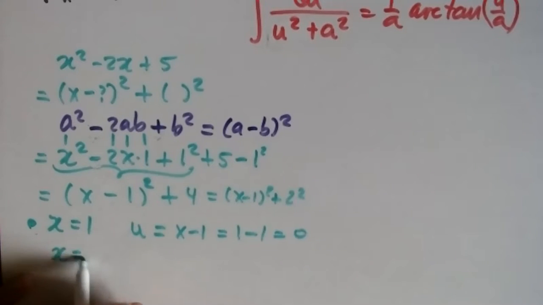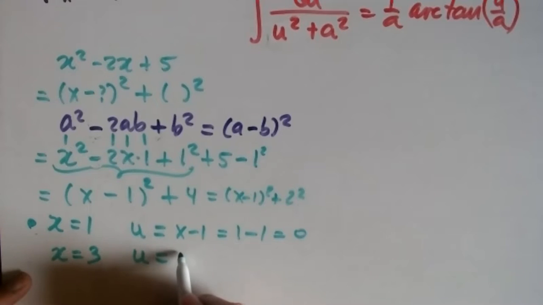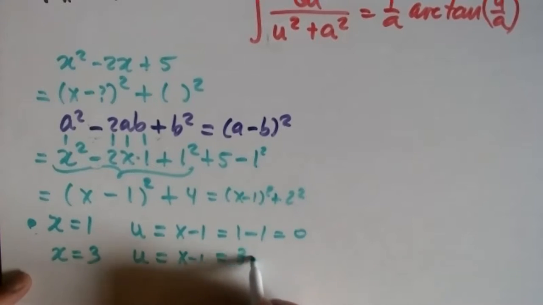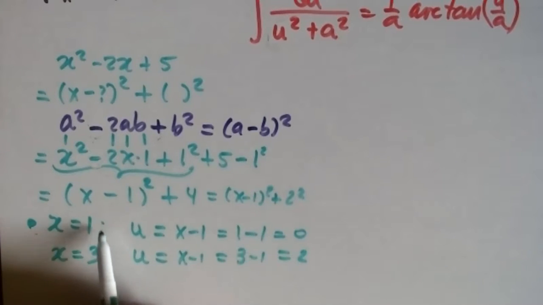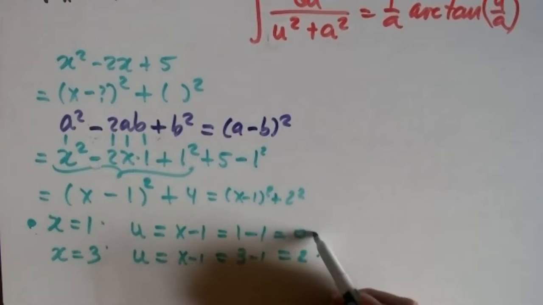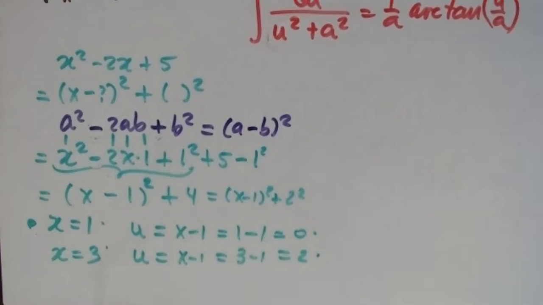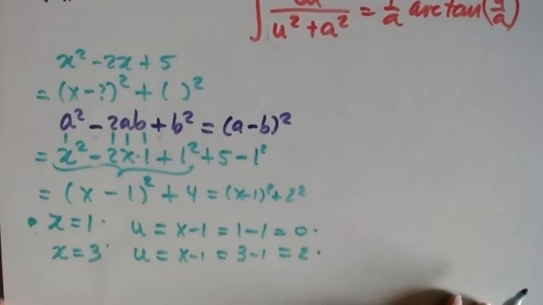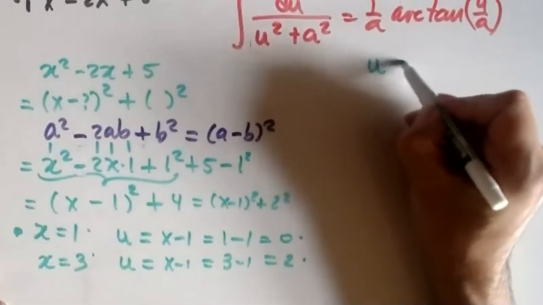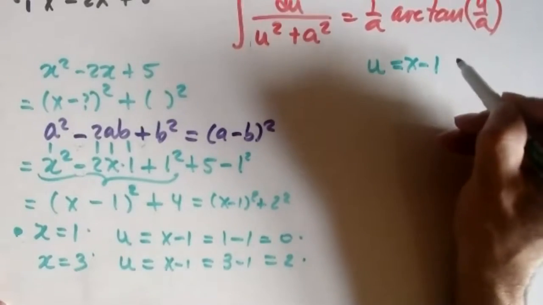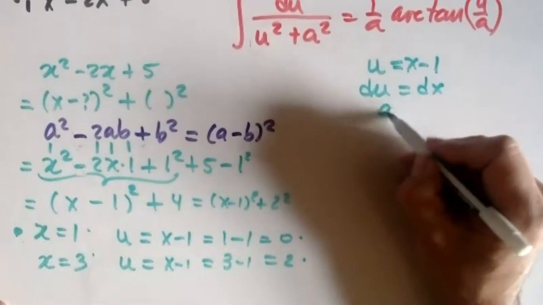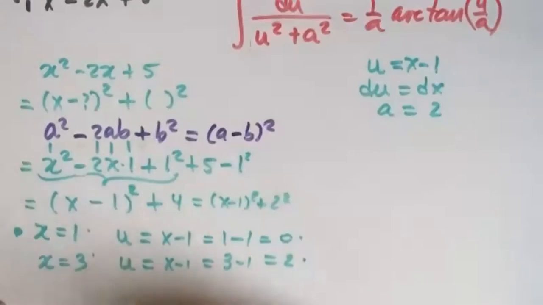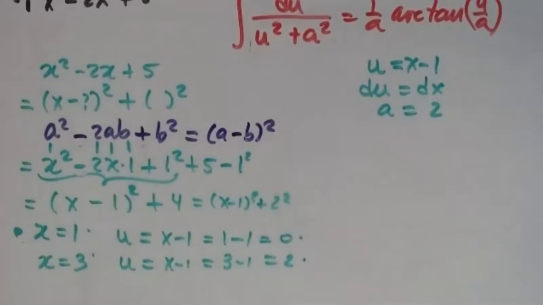And when the x is 3, u equals x minus 1 again, so it's 3 minus 1, 2. So for these limits of integration, 1 and 3, the u limits of integration are going to be 0 and 2. So everything is fine. The u equals x minus 1, the du equals dx, a equals 2, right? I just did all my changes.